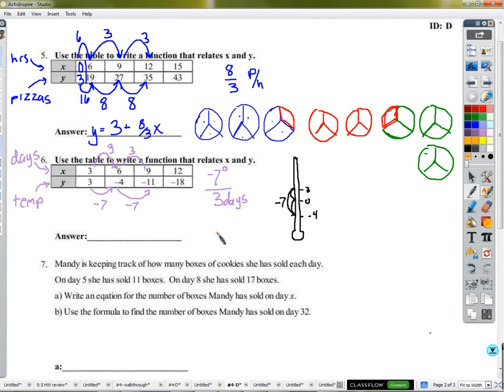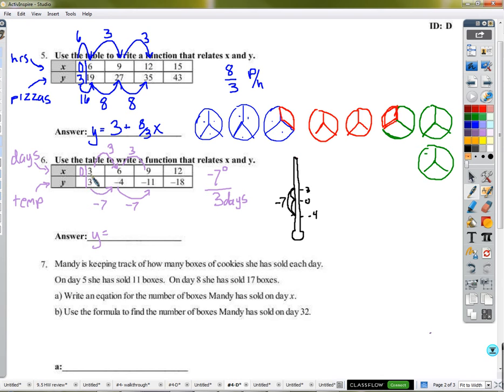Temperatures can drop 7/3 of a degree in 1 day, or 7 degrees in 3 days. In any case, we can write a formula even when this is a fraction. And as I've said several times, what I would do is back up to day 0, figure out what the temperature was then, and then start from there to write my formula.